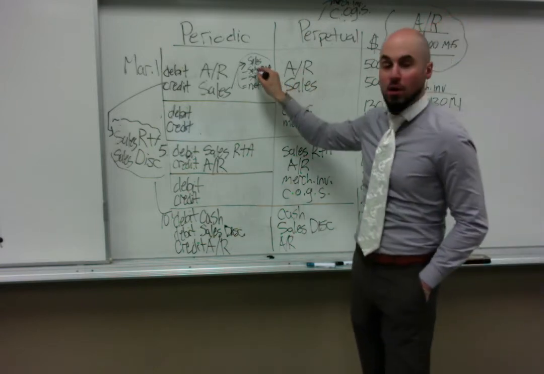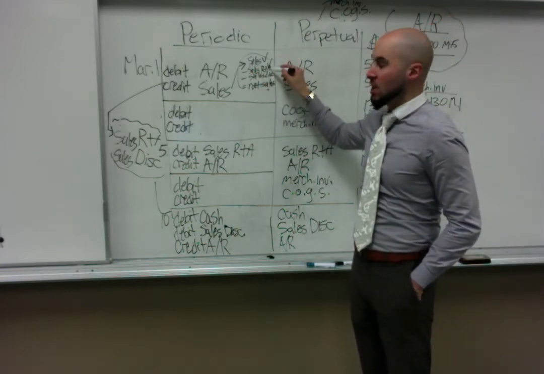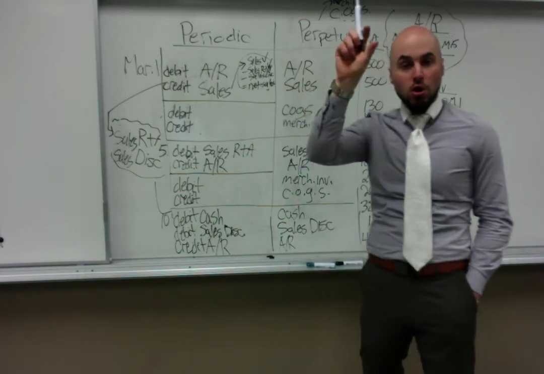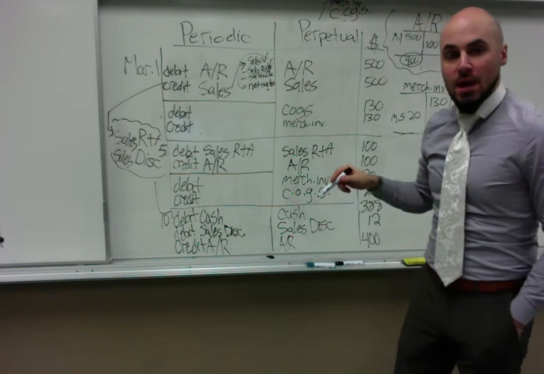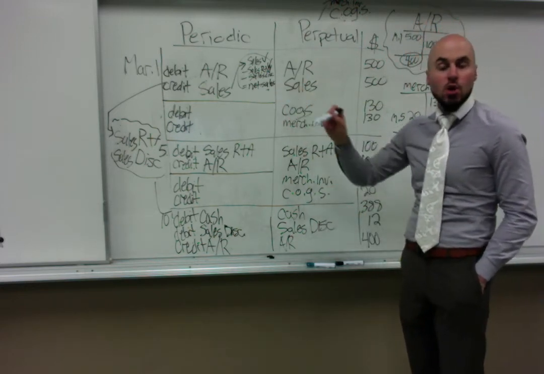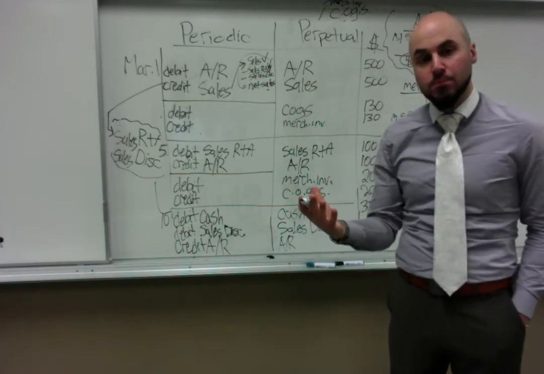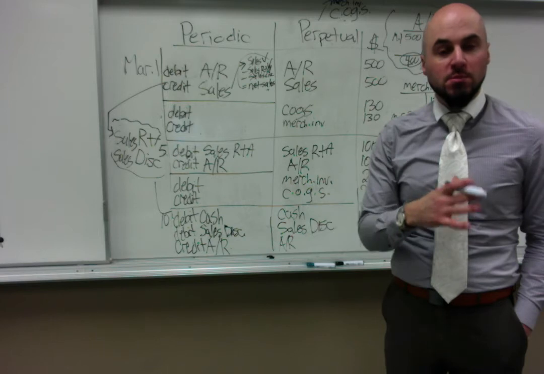Remember the top part of the income statement? We're going to show sales, sales returns and allowances, and sales discounts all in a trio on the top of that income statement. And we have to show how the sales has decreased. Why has it decreased if no return has been made?